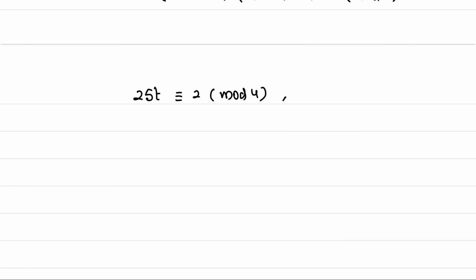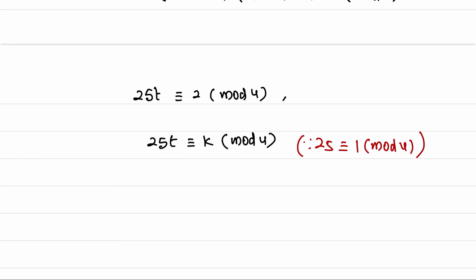But what is 25? 25 is equivalent to 1 mod 4.